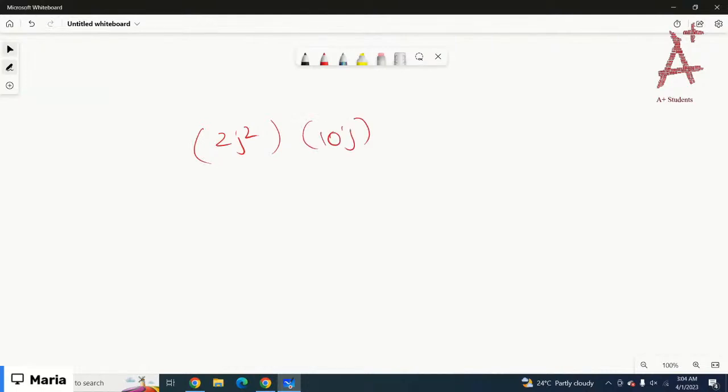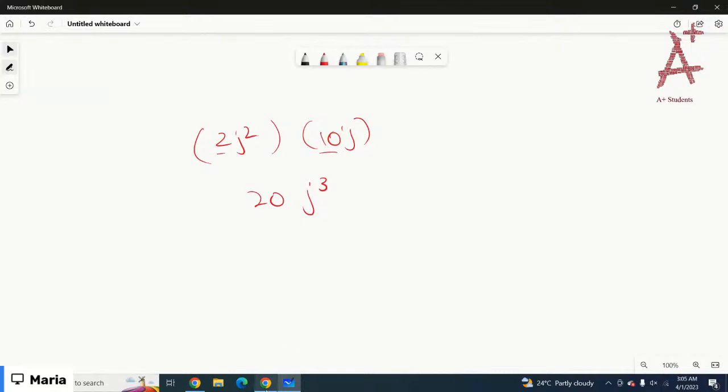You just multiply the coefficients. 10 times 2 would be 20. And then you have to do j square times j. So j square times j is j cube. So it would be 20j cube.